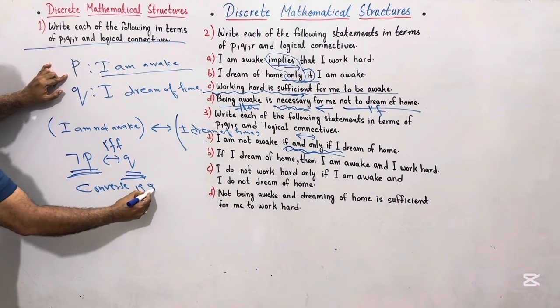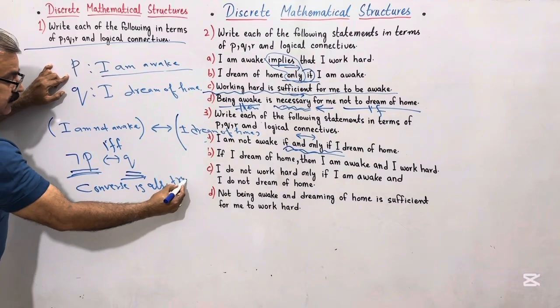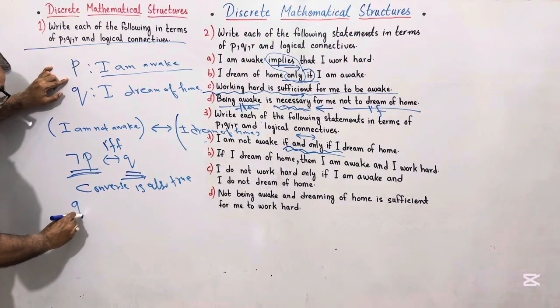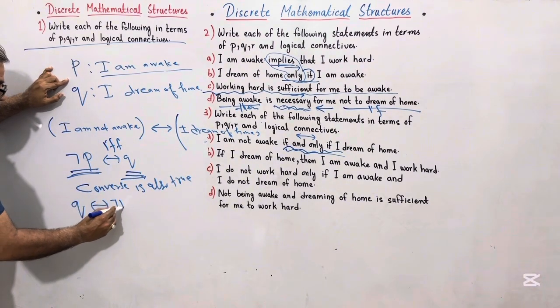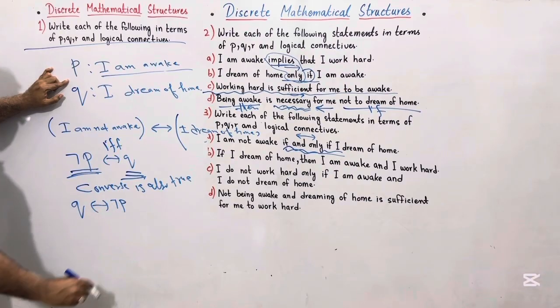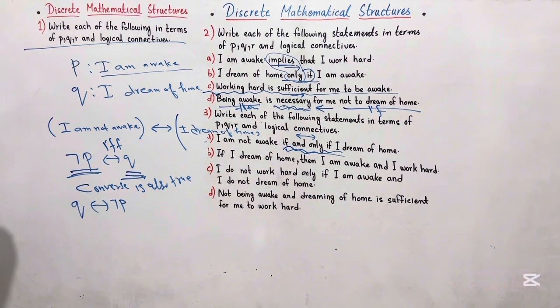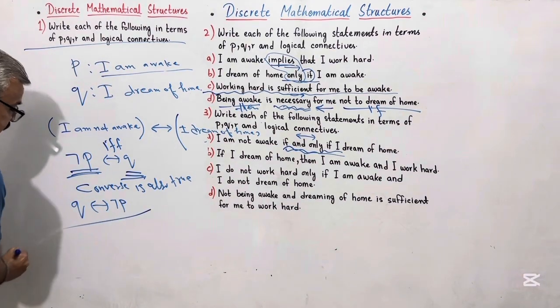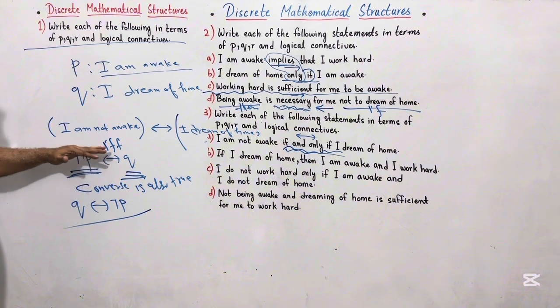The converse means Q if and only if negation P: I dream of home if and only if I am not awake. It is also equivalent to this. In the case of if and only if, the converse is true.